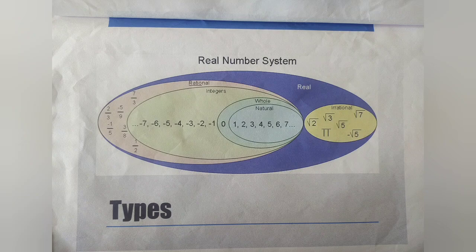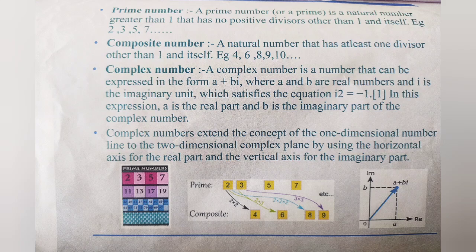In the real number system, first there were natural numbers. After that, 0 is included in natural numbers to become whole numbers, then negatives give integers, then there come rational numbers from ratio, then there are also irrational numbers.